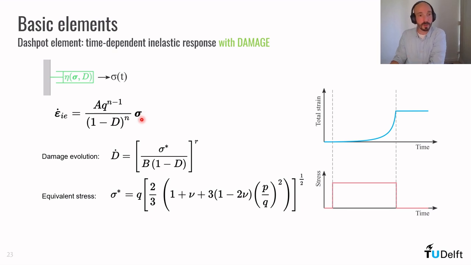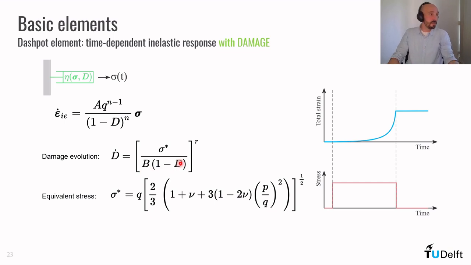Okay, so now let's talk about the damage evolution equation. I'm presenting here one possible model for damage evolution, which is given by this expression here. So here we have the damage rate, or the time derivative of damage, equals an equivalent stress divided by B. B is a material parameter.